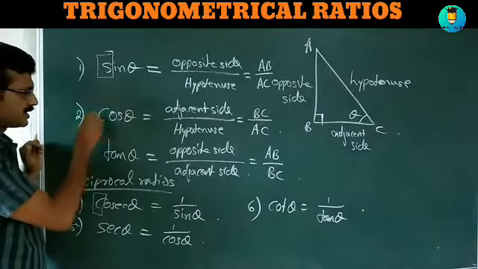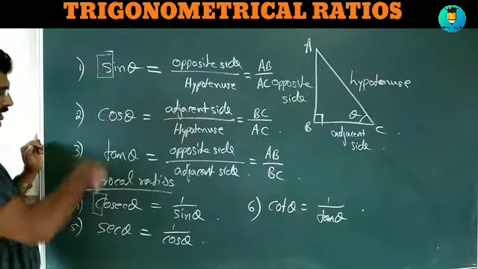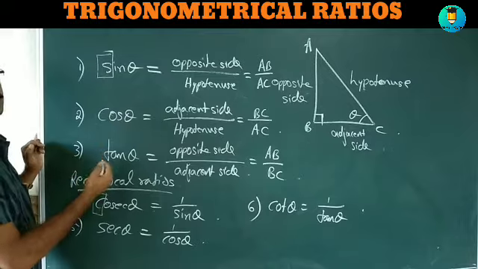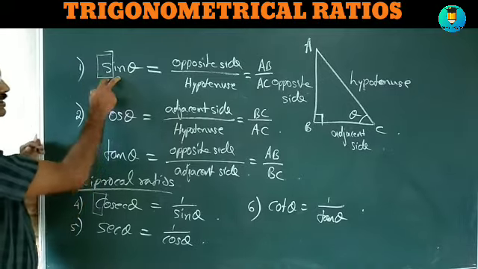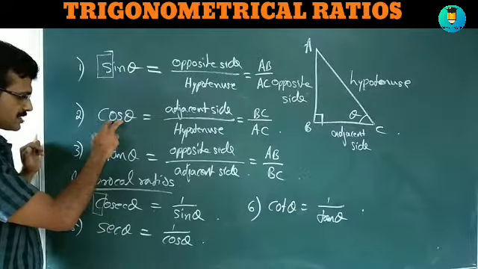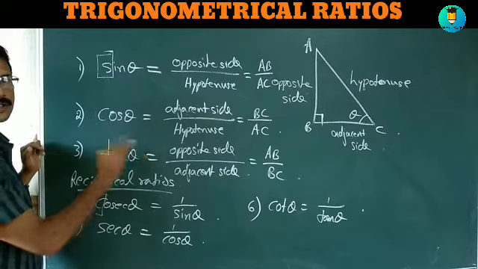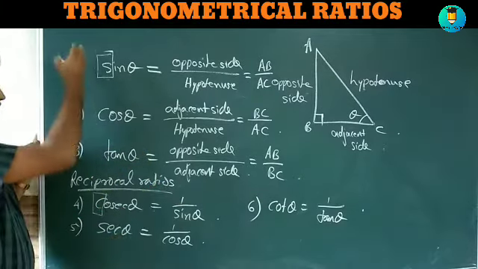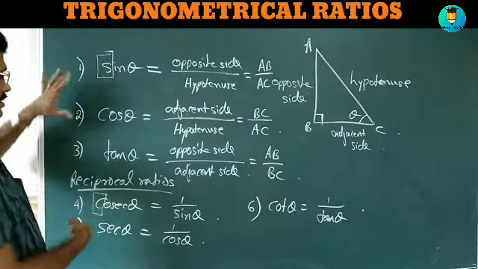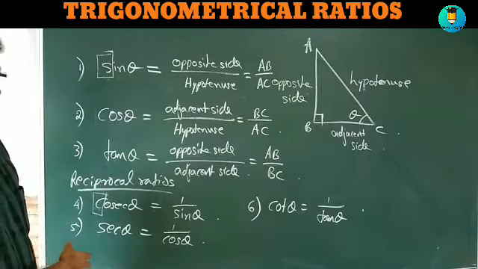The same way, if C is there, it will be starting with S. So these two letters are interchanging. That way you can easily memorize it. So sin theta's reciprocal is cosec theta, cos theta's reciprocal is sec theta, and then tan and cot. These are the 6 basic ratios. In this, if you memorize the first 3, the other 3 you can learn automatically.